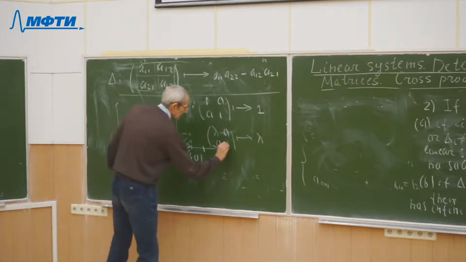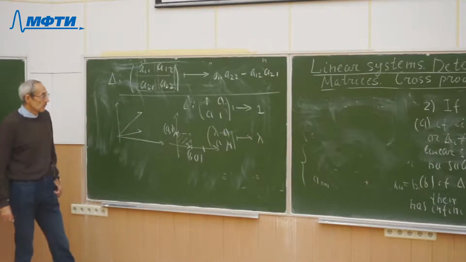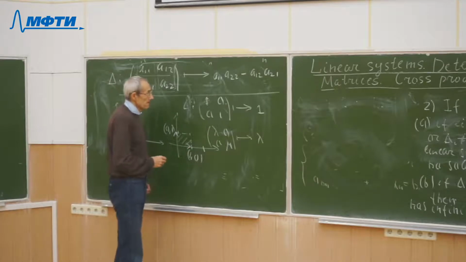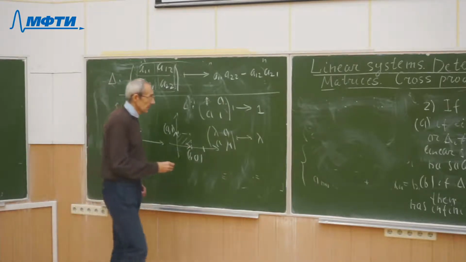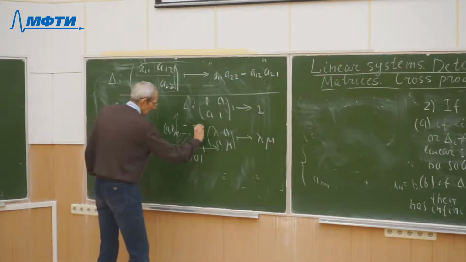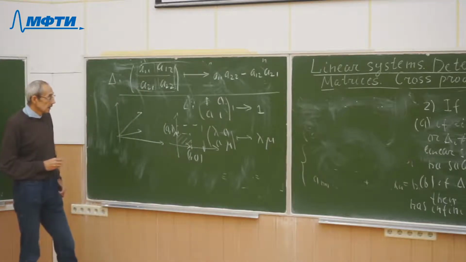And if we multiply the other row by mu, we obtain the product lambda and mu. The area is multiplied by the product of these numbers.